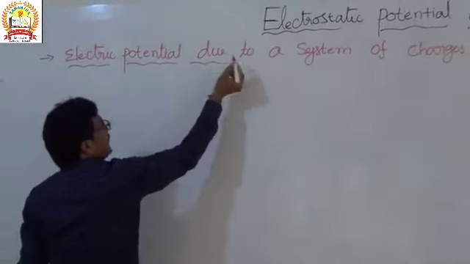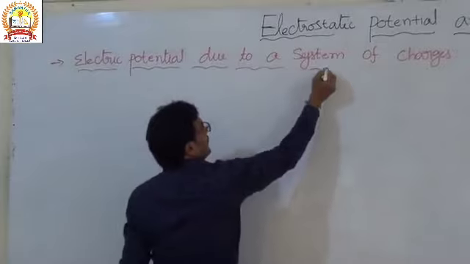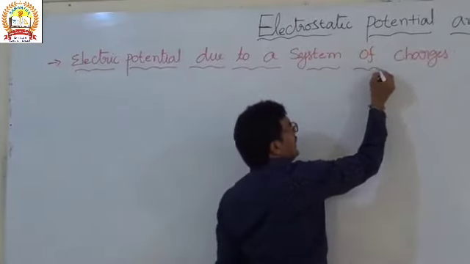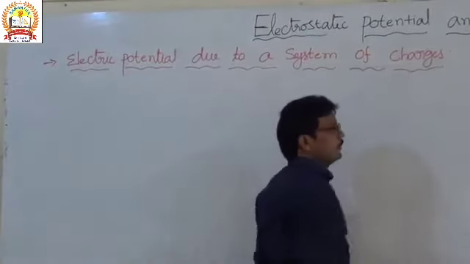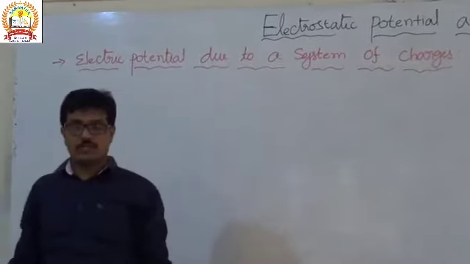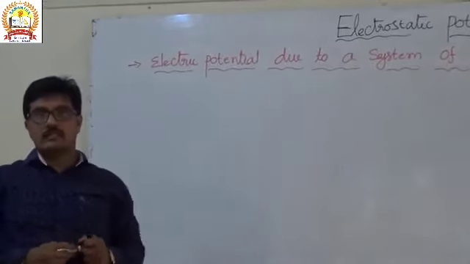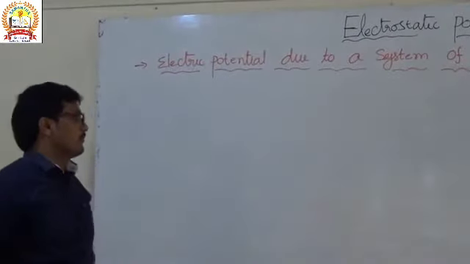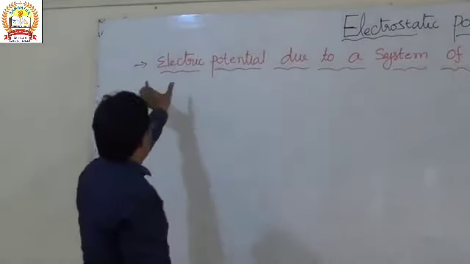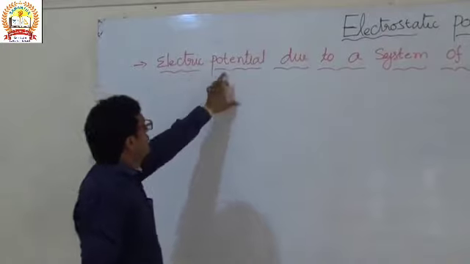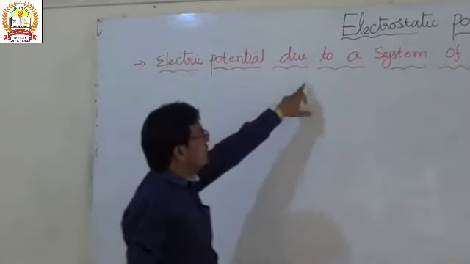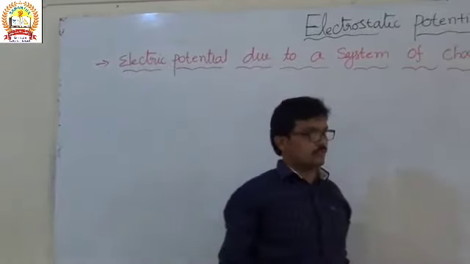So we know that if there is one charge, then one potential exists. If two charges, two potentials. If three charges, three potentials. If n charges, n potentials will exist. So here we want to know the potential due to a system of charges.